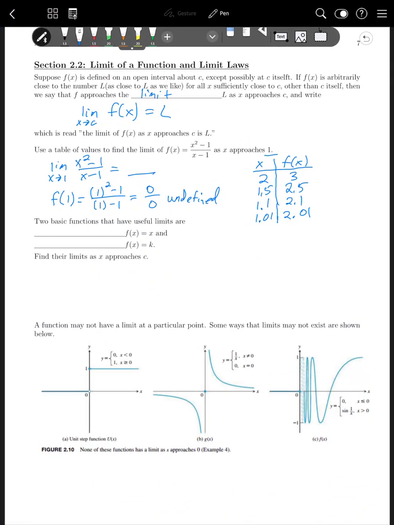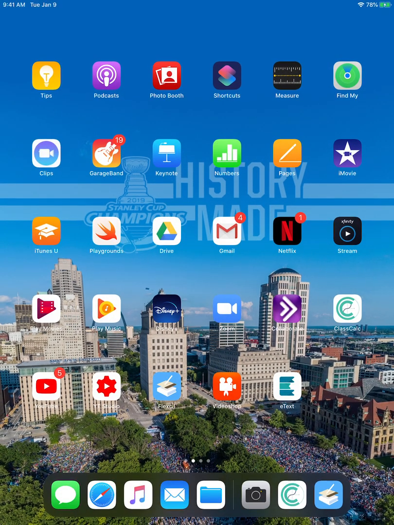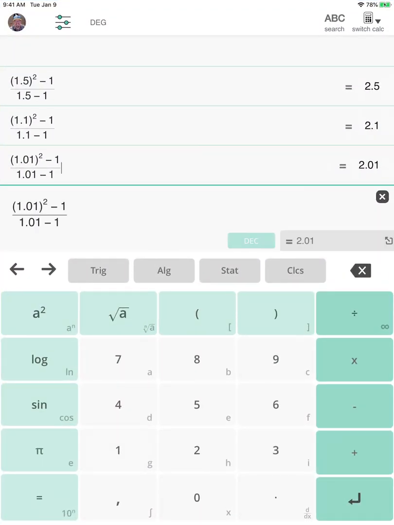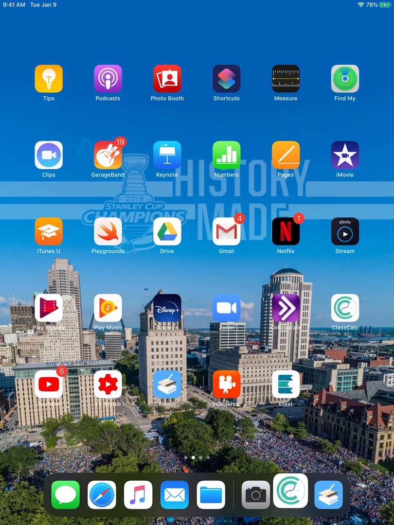What you should notice is that as x gets closer and closer to 1, the f of x values are getting closer and closer to what? If you needed one more value, you could add one more, 1.001, just to show how much closer it's getting. If we do that, we get 2.001.